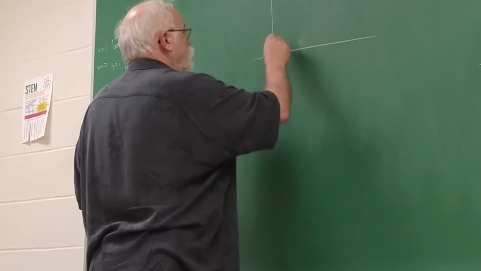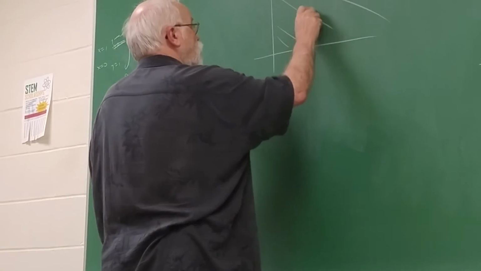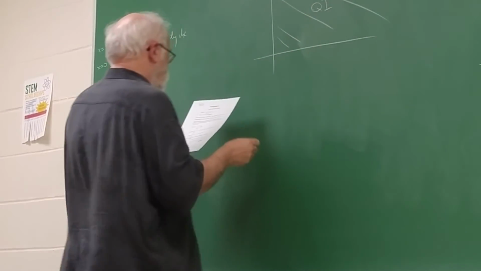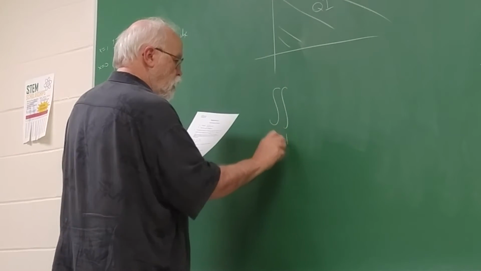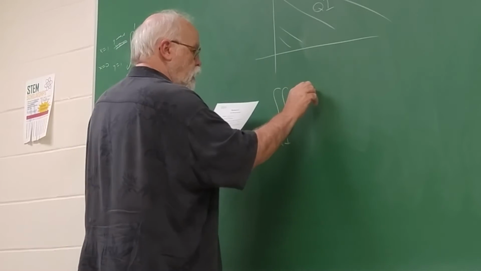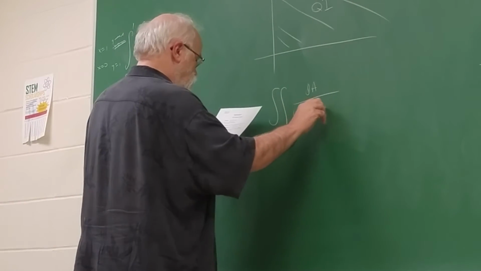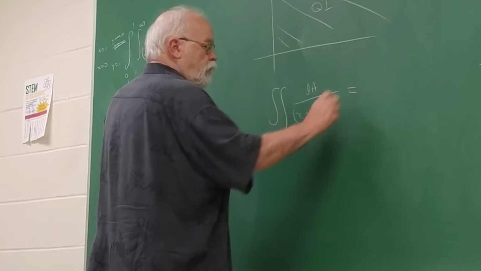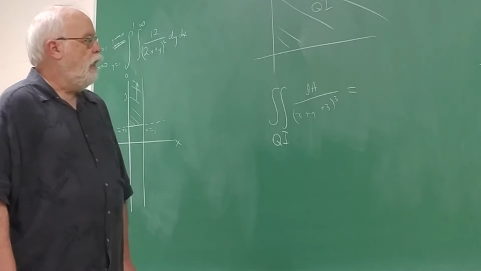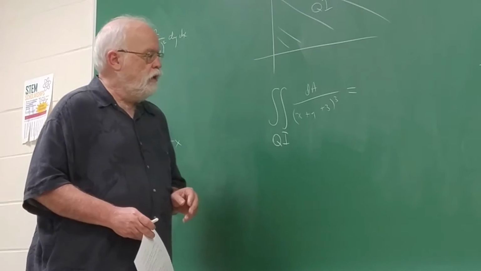So I want an integral in the first quadrant. So this is going to be an integral over Q1 of dA over (x plus y plus 3) cubed. And the x and y enter in here symmetrically.